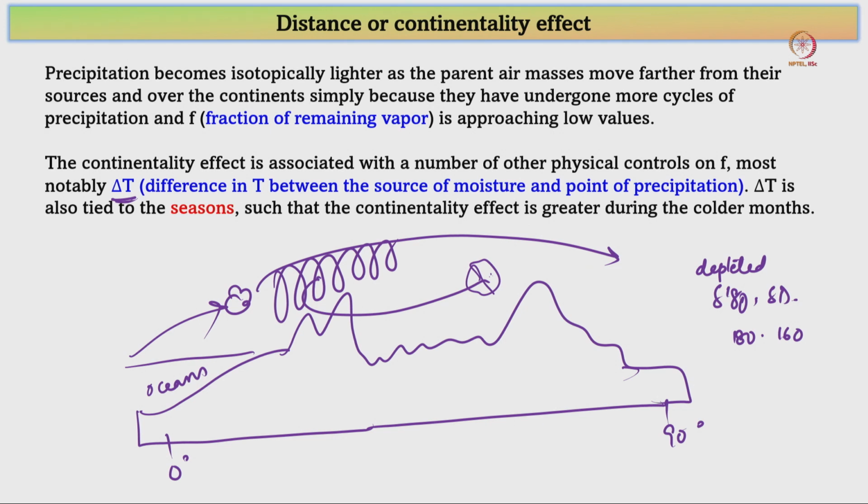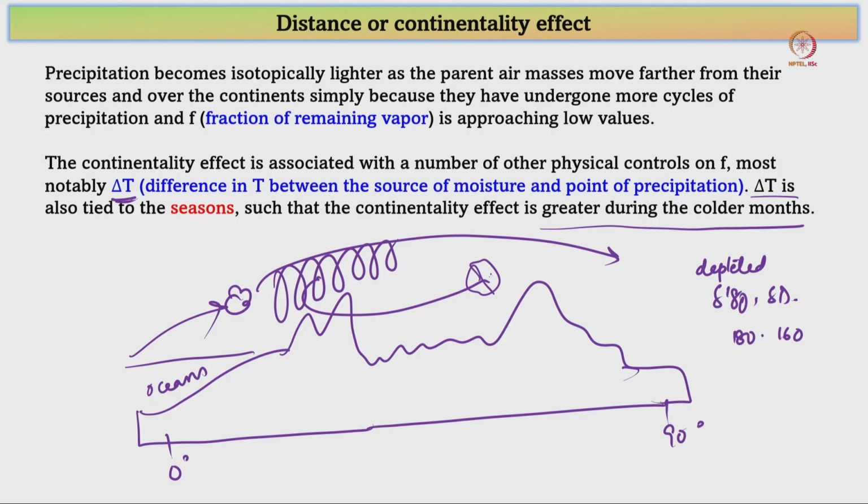And the delta T is also tied to the seasons, whether it is an ongoing summer season or an ongoing winter season. It is due to these differences with the temperature and with the rainfall cycles that we see a stronger continentality effect during the colder months as compared to the summer months. Okay. Due to the lower temperature and more fractionation at lower temperature, this continentality effect is greater during the colder months as compared to the summer months.